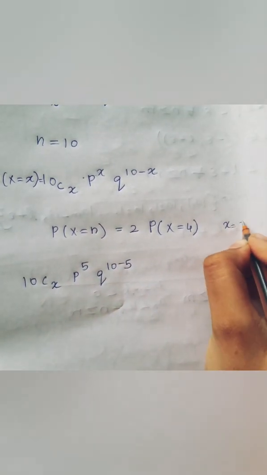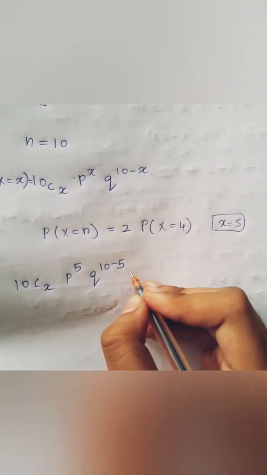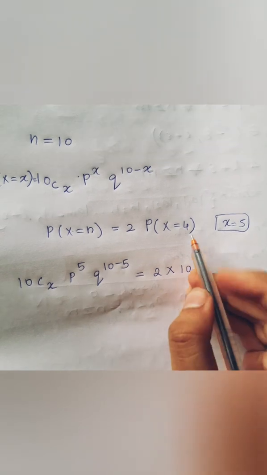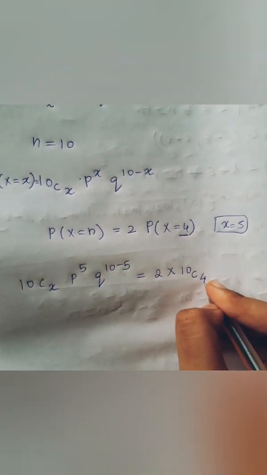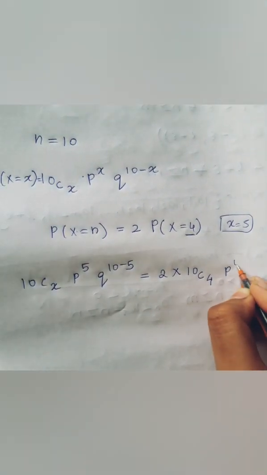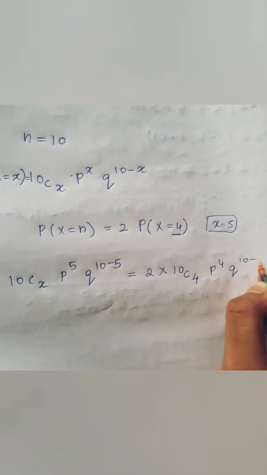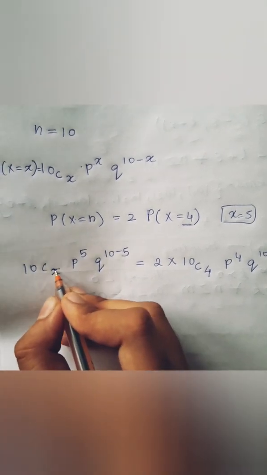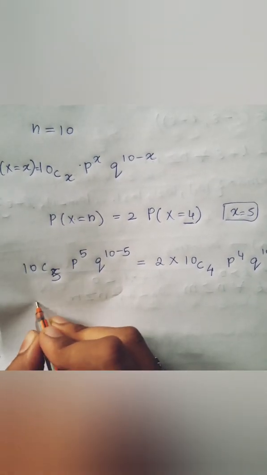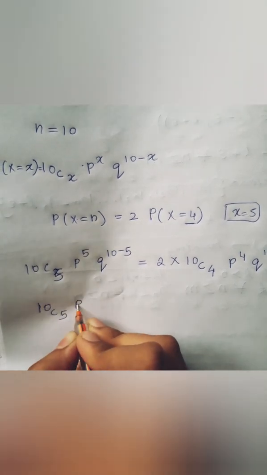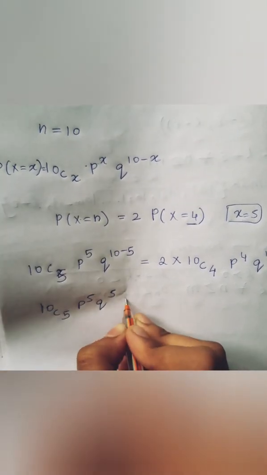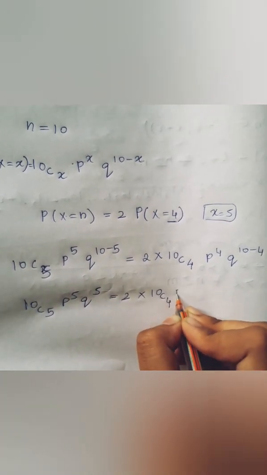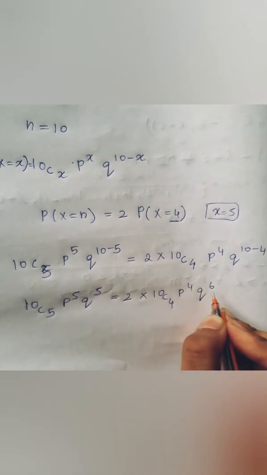Substituting x is equal to 5, 10C5 p power 5 q power 10 minus 5 is equal to 2 times the expectation, so 2 into 10C4 p power 4 q power 10 minus 4. So the next step becomes 10C5 p power 5 q power 5 is equal to 2 into 10C4 p power 4 q power 10 minus 4, that is 6.